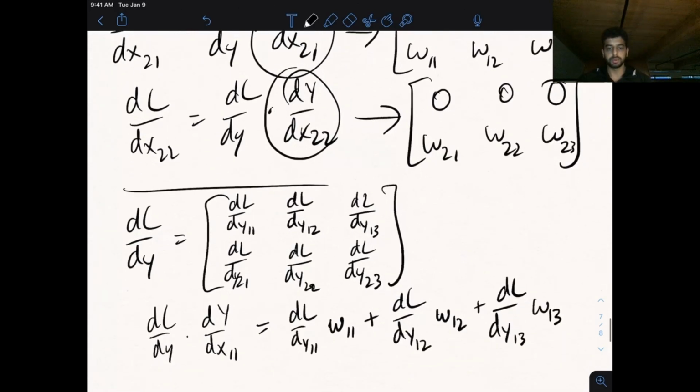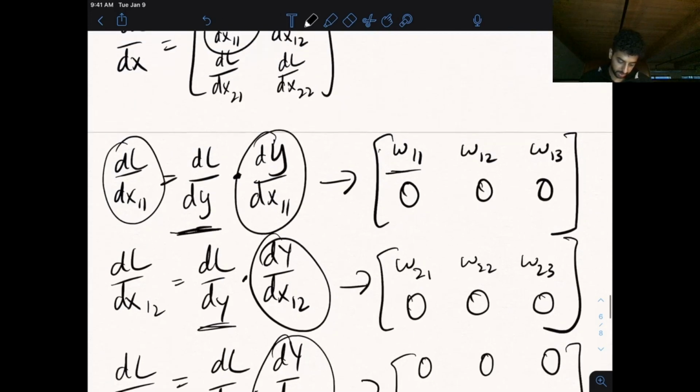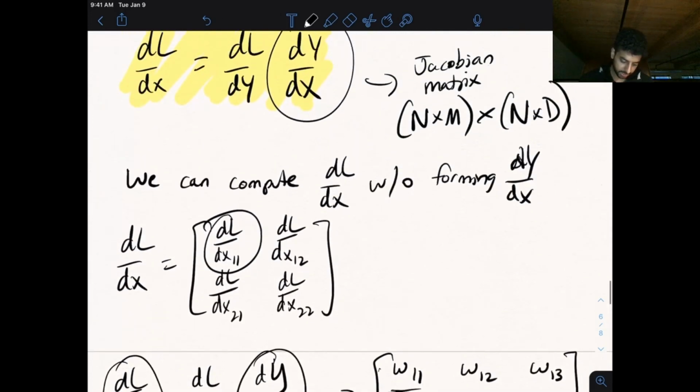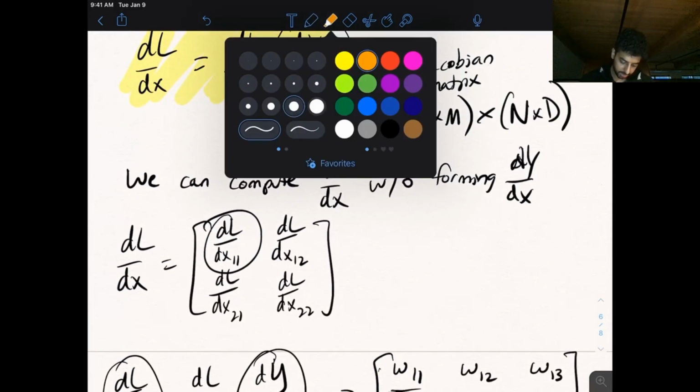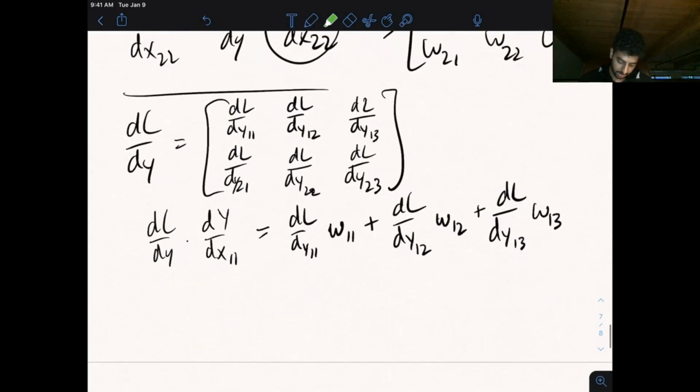Okay, so at this point, we can substitute this into the first element of our dl dx matrix. So let's make that more clear with some highlighting. So this term here is now replaceable with this term here.